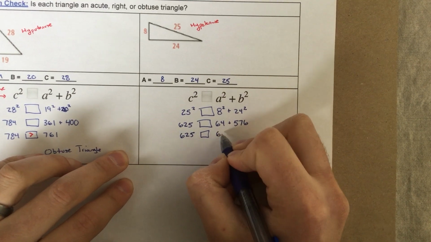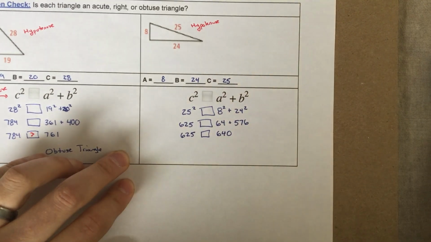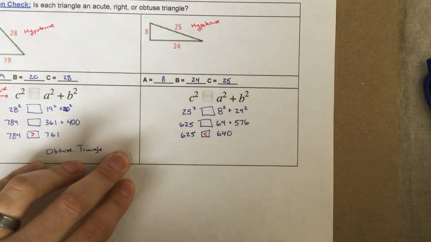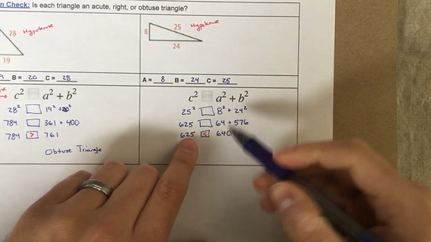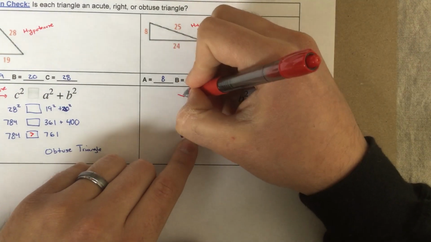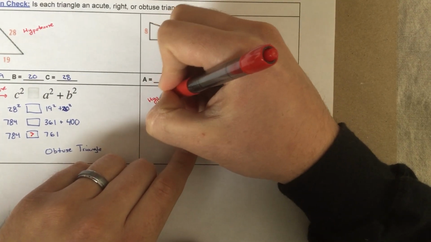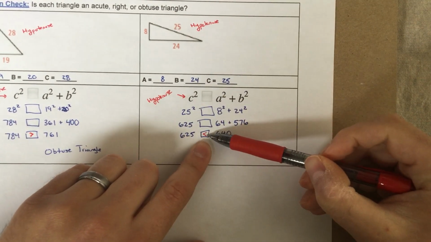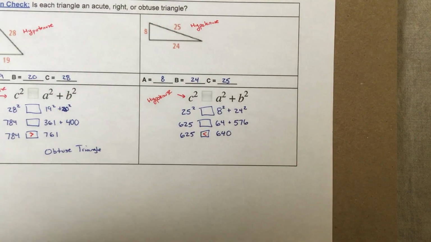So 64 plus 576 gives you 640. I can see that this number is larger, so I'm going to put my little symbol that it is larger. That means that the hypotenuse, remember, this was the hypotenuse, it is less than 640. So let's go back.